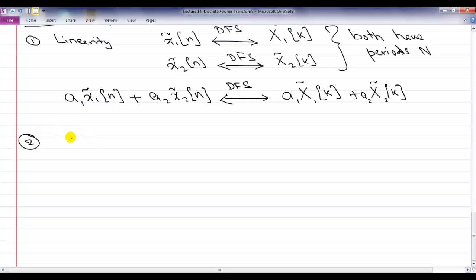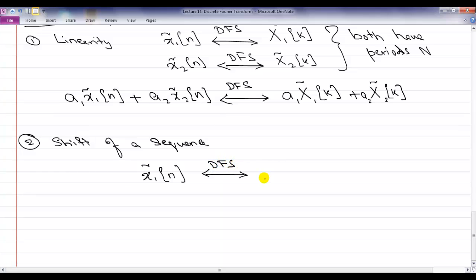The second property is that of shift of a sequence. So if you are given a sequence x1 tilde of n, which has discrete Fourier series coefficients x1 tilde of k, and let's say you shift the sequence by an amount m. Again, if you are given a periodic sequence and you shift it, it remains a periodic sequence.